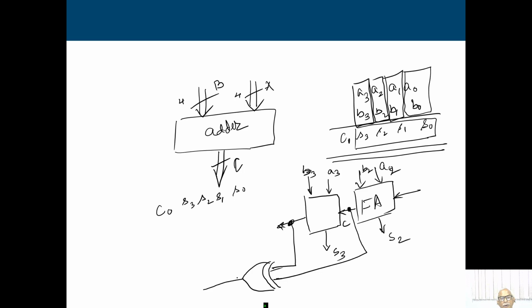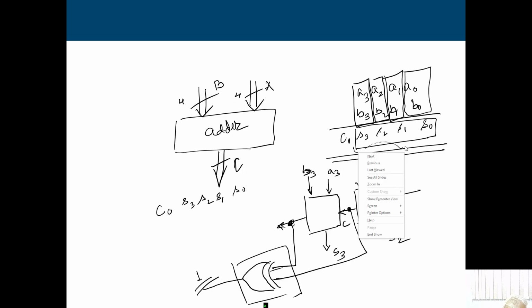If both the inputs are different, then the output is 1. So, these two inputs are coming over here, and this circuit has an exclusive OR gate. If it generates 1, then we can say whatever result I am getting in this circuit as S0, S1, S2, S3, this is not the correct one. We can interpret it.